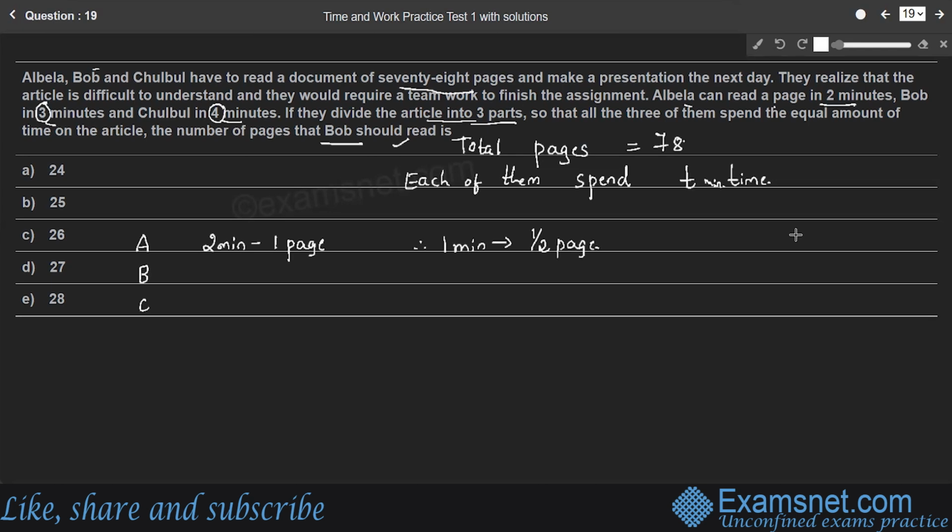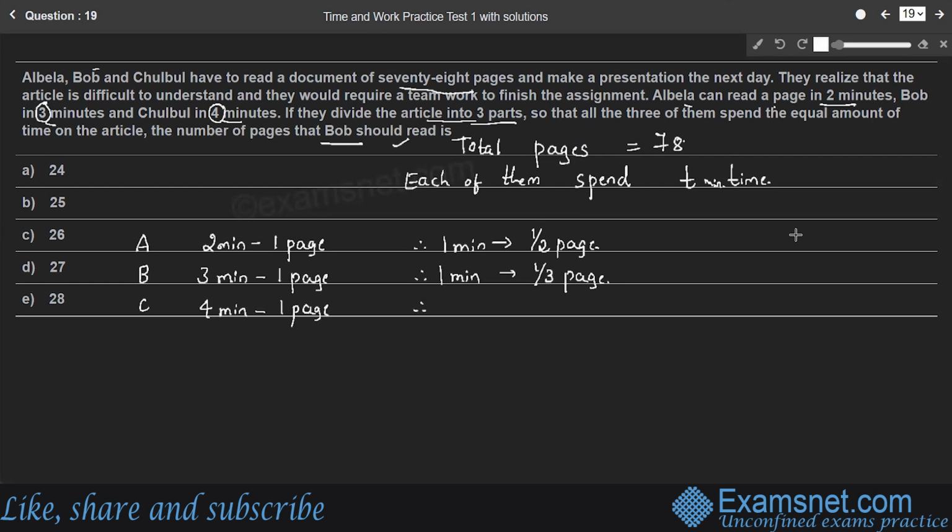Whereas Bob in 3 minutes can read 1 page. Therefore, in 1 minute, he can read 1 by 3 page. Whereas Chulbul, in 4 minutes, can read 1 page.